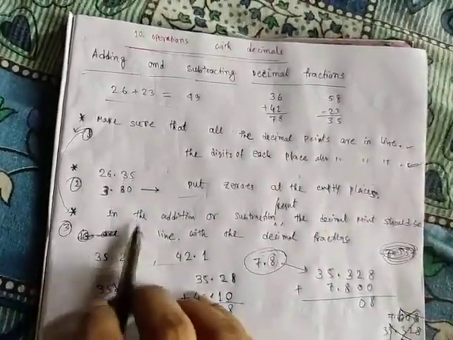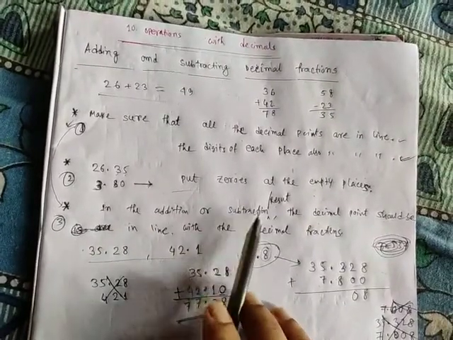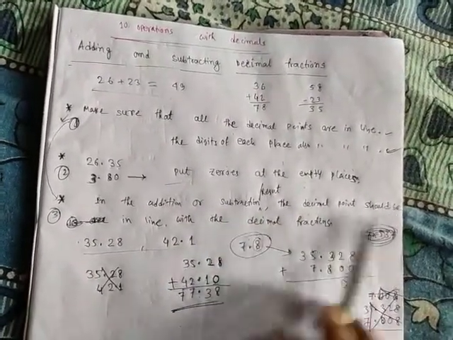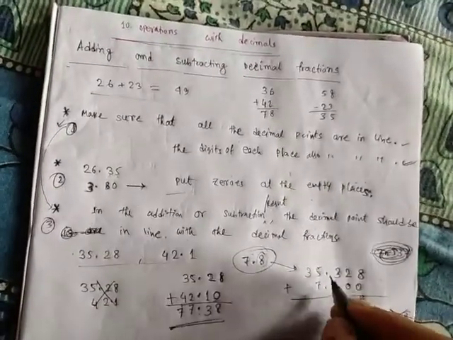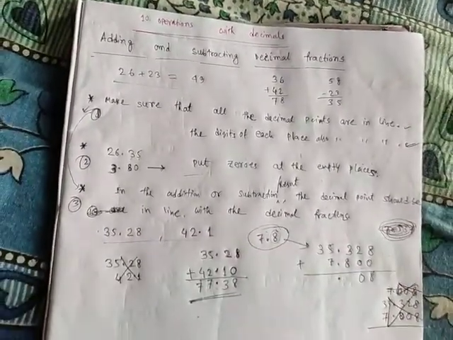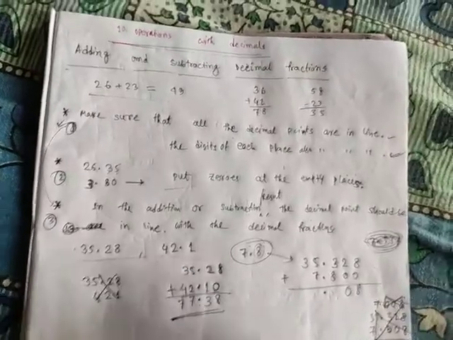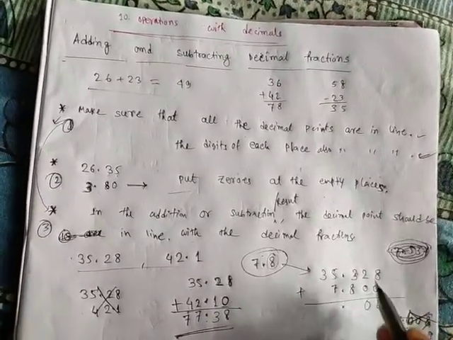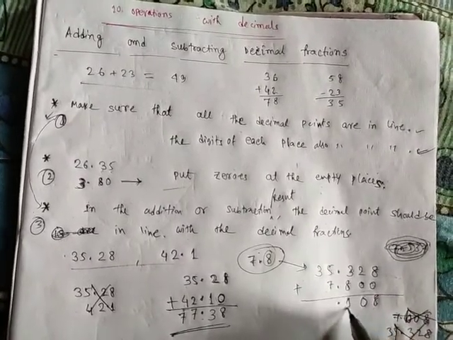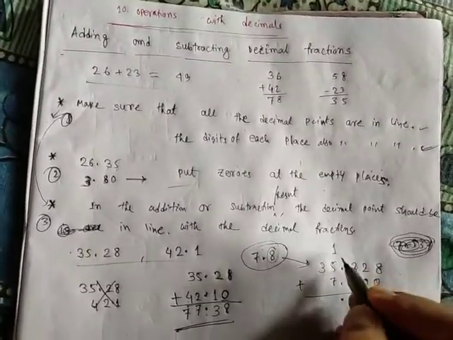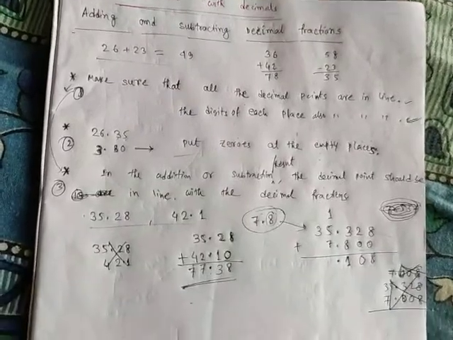See this: in the addition or the subtraction, the decimal point in the result should be in line with the decimal fractions. So see here, the decimal point I have to write here should be in line. Now 8, 3 is 11. 1 will be carried to the next digit.